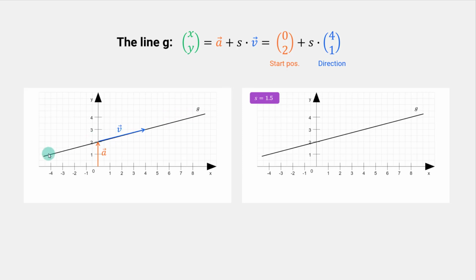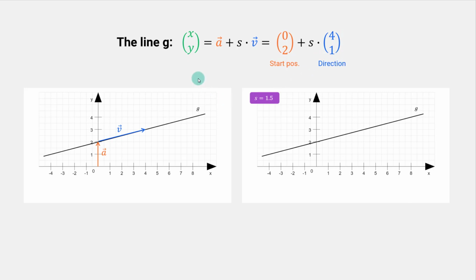The course of the ship is given by this black line, we call it g. Now here, and we said that this line g is described by the vector (0, 2) plus s times (4, 1). So a starting position plus a direction, right?